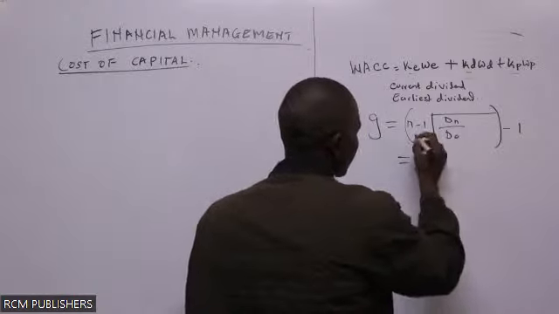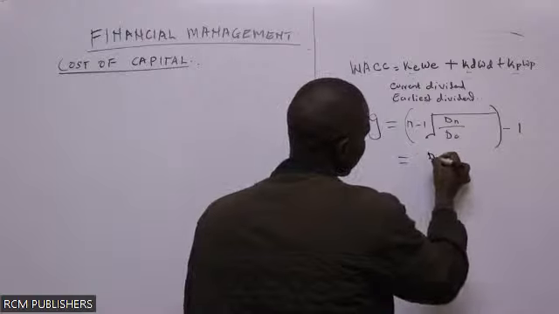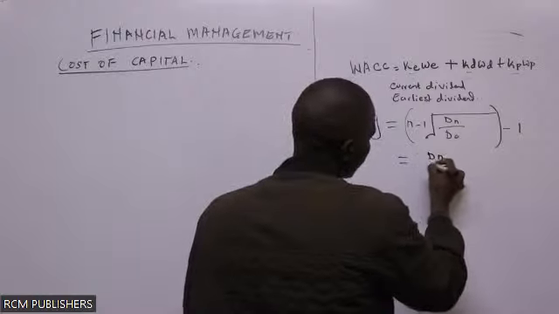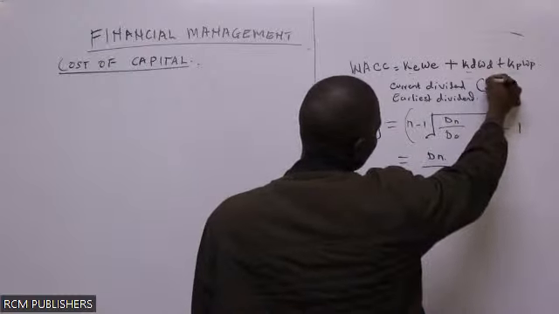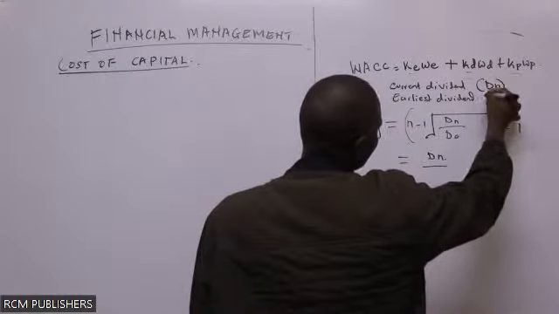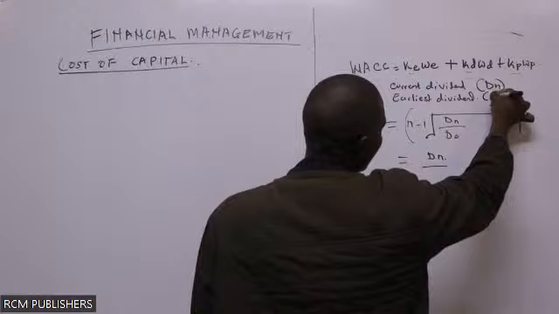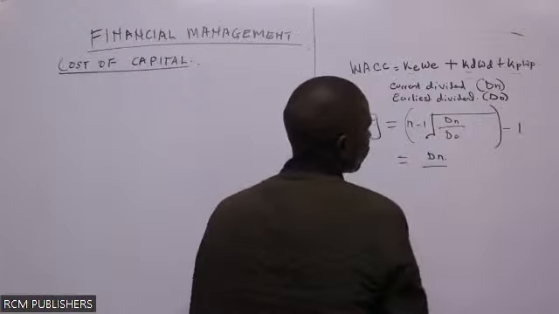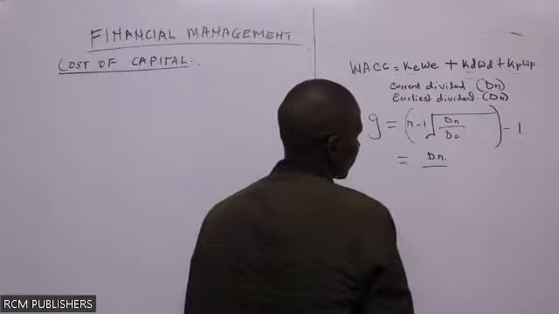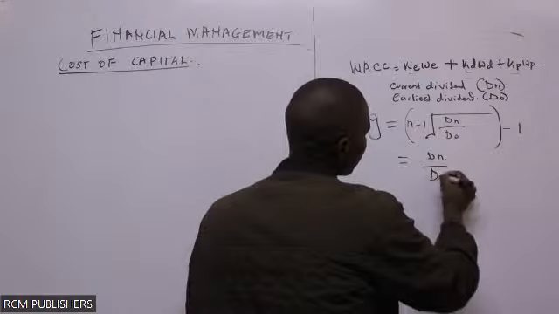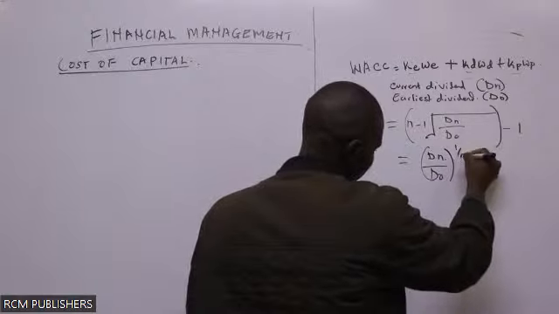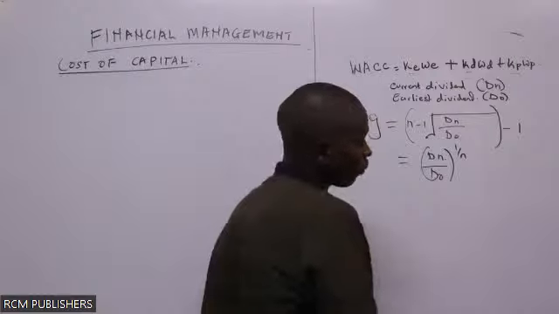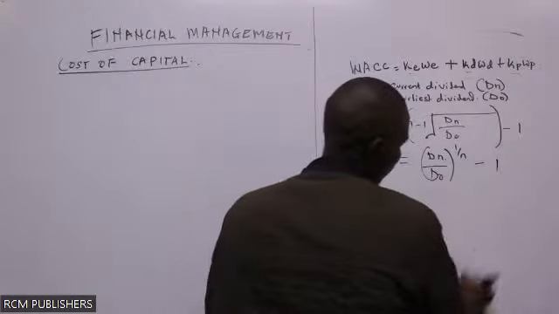Another formula for getting growth is Dn over Do. Remember, Dn represents the current dividend. Because we are doing division, let me write everything so that you're able to understand. Dn over Do, and then you raise this to 1 over n, then minus 1.